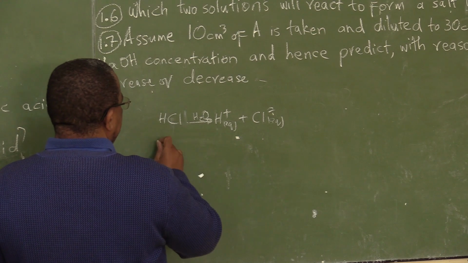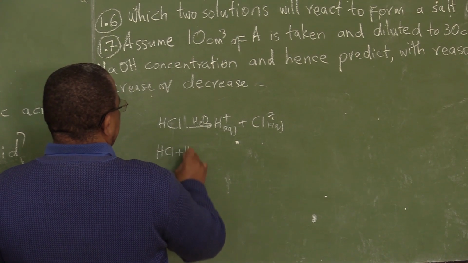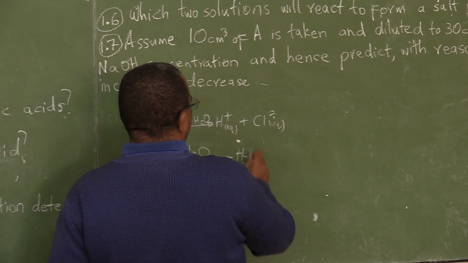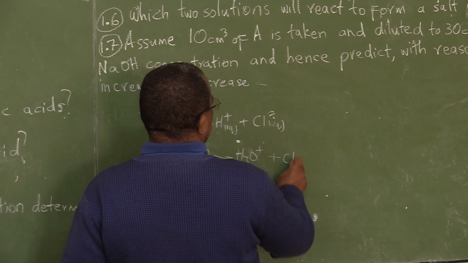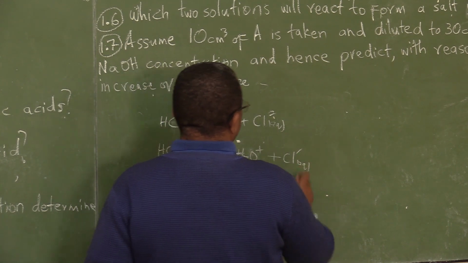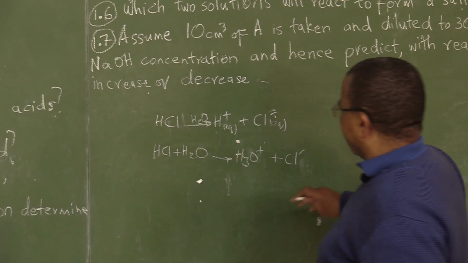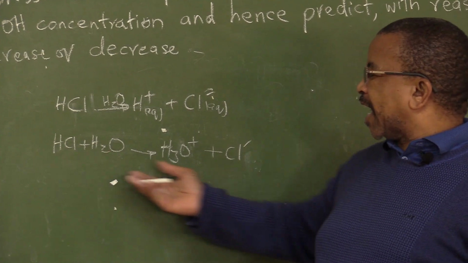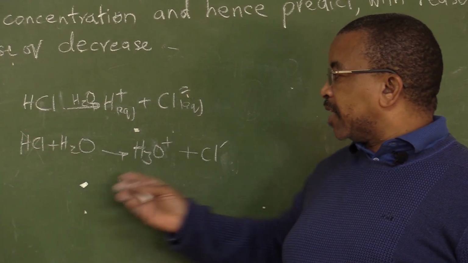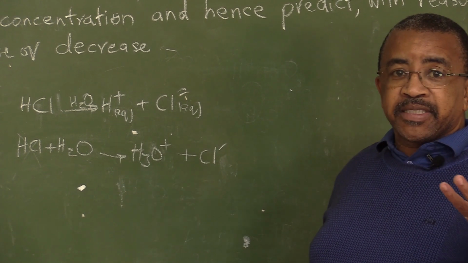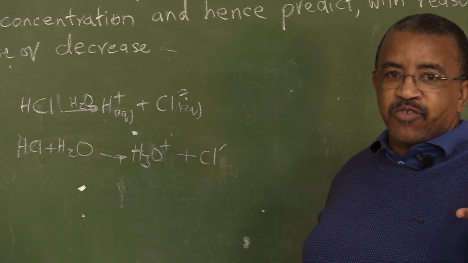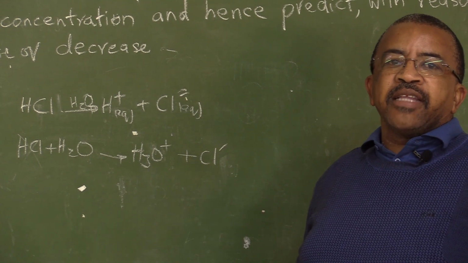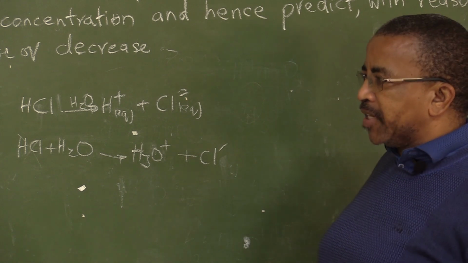Or we can say HCl plus water forms H3O plus and Cl- aqueous. So HCl dissociates completely in water, so that is a strong acid. Any substance that dissociates in water, forms H+ as one of the products and the other ion, but dissociates completely, is a strong acid.